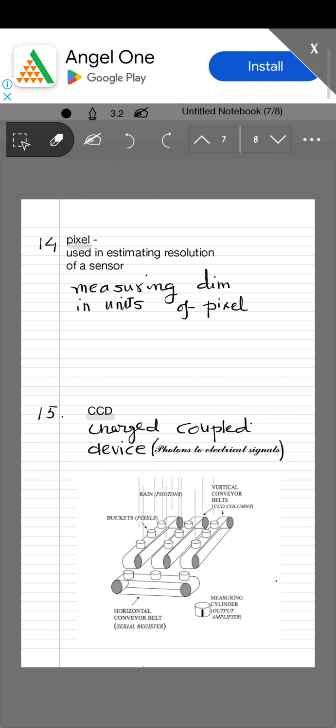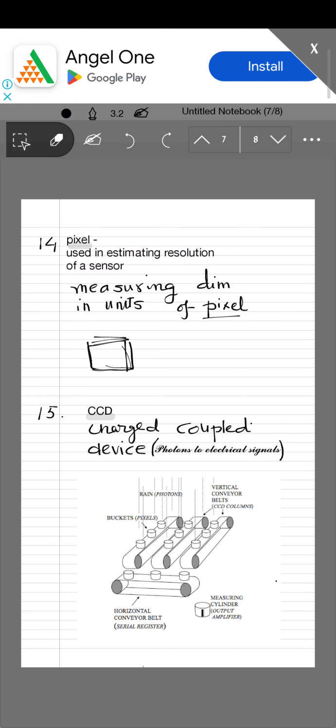Now, pixel is used in estimating how good a sensor is, or how the sensing efficiency of a sensor can be determined, where pixel is used as the unit. Suppose you have a geometrical area, so we can see that it is this many pixels wide and this many pixels long.